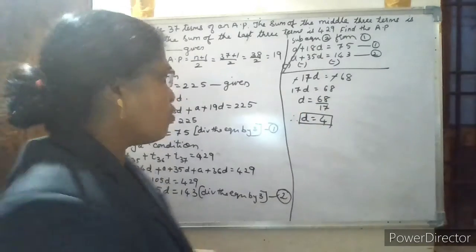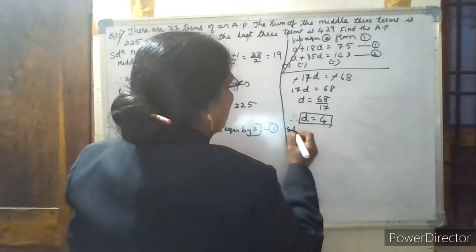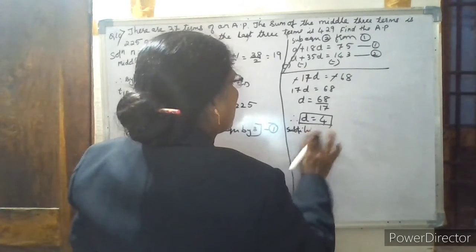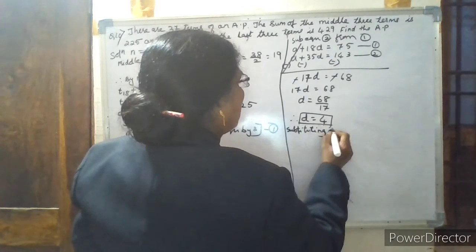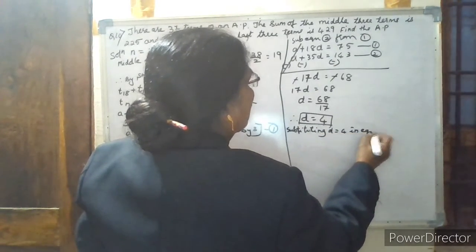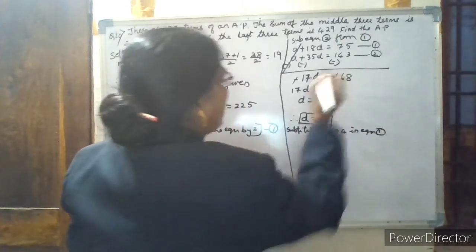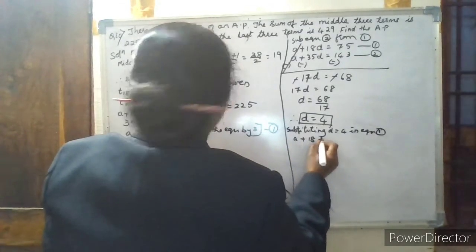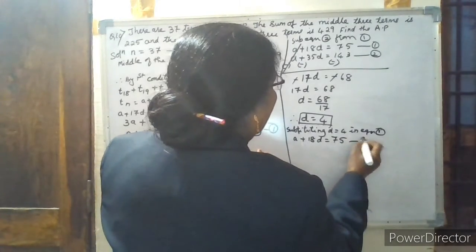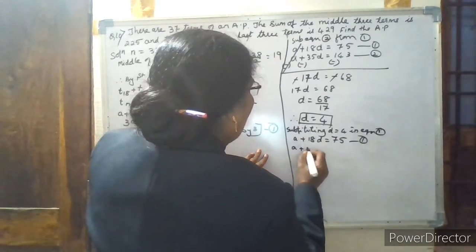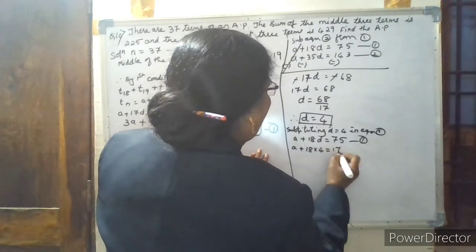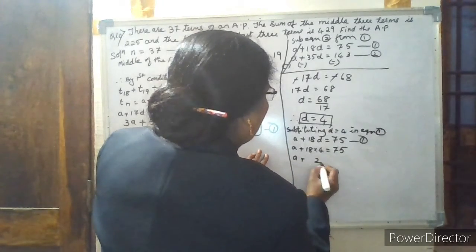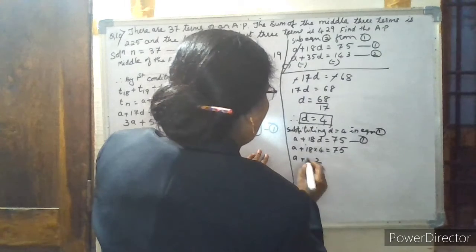So substituting d = 4 in equation 1: a + 18d = 75, so a + 18 × 4 = 75, a + 72 = 75.